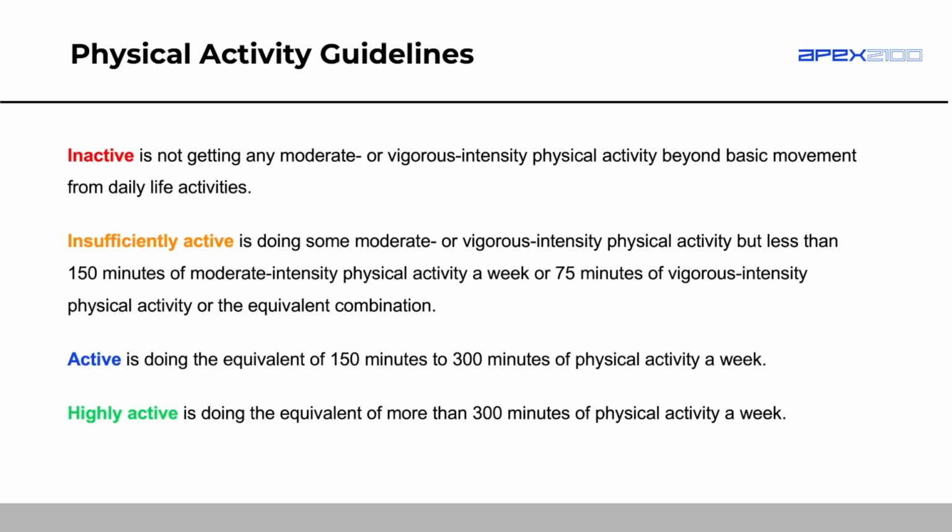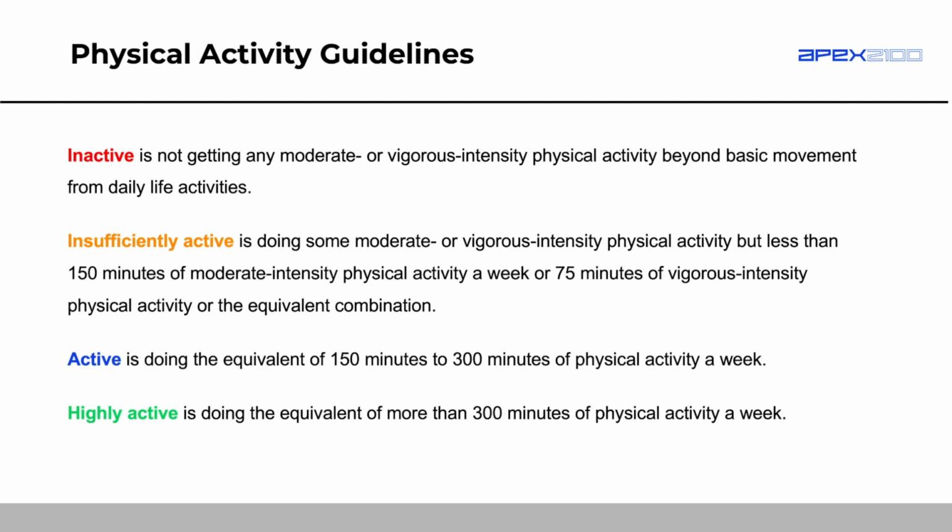Okay, now in terms of definitions that we need to talk about related to the level of physical activity, we have a few here. So if you are inactive, it means you aren't getting any moderate or vigorous intensity physical activity beyond basic movement from daily life. So insufficiently active is doing some moderate or vigorous physical activity, but less than the guidelines.